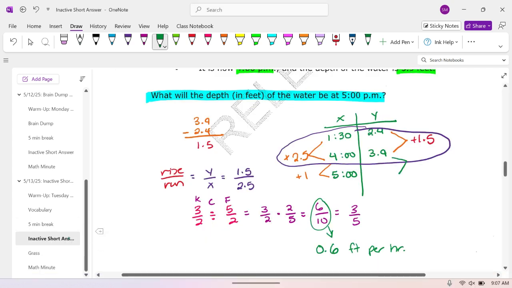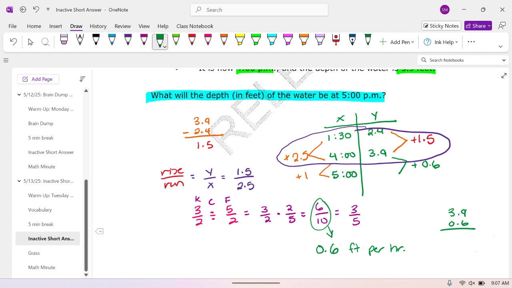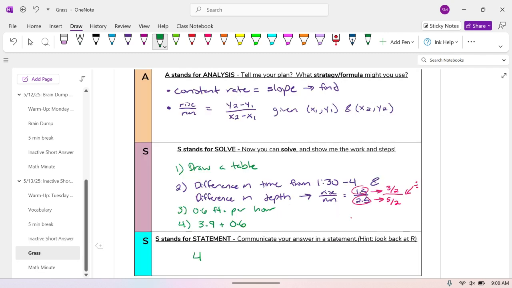Because to get from here to here, we've got to add 0.6. So 3.9 plus 0.6: 5, carry the 1, 4.5 feet. That's the depth of the water at 5 o'clock.